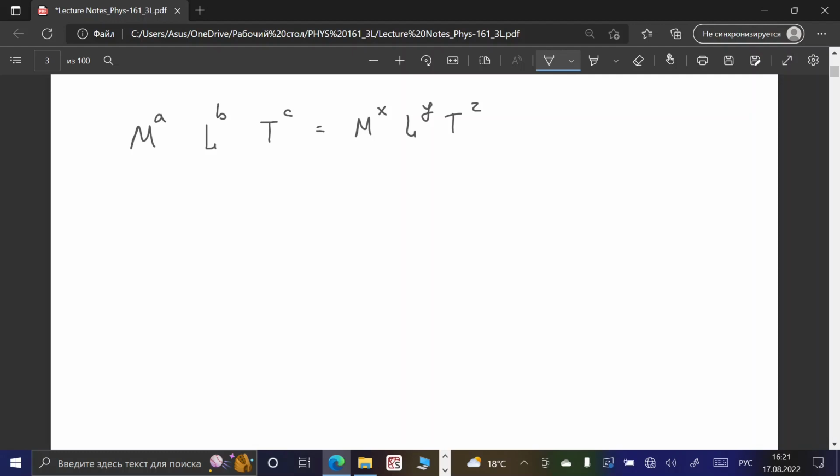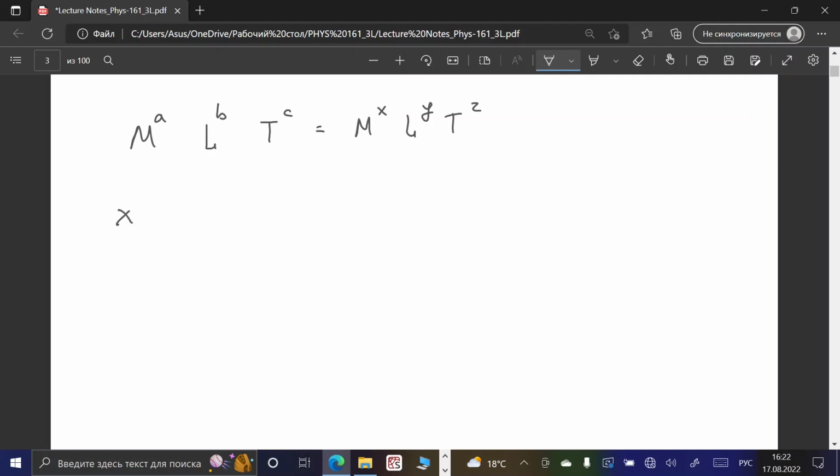So let us consider one example. Let's say we have some system with some object moving with constant acceleration. We will derive this analytically in the next lectures. But now, with the help of dimensional analysis, we will try to figure out how this dependence will look.